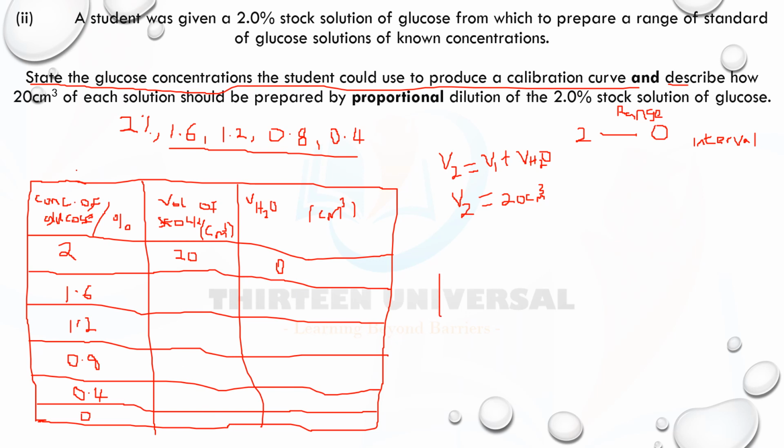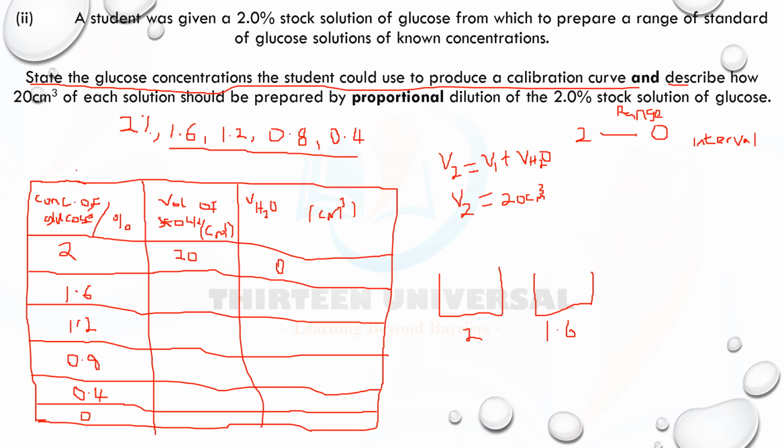Remember that this is our stock. This is the beaker containing our stock, which is 2%. I'll just write 2 here. So we're going to produce the next concentration, which is 1.6, from it.